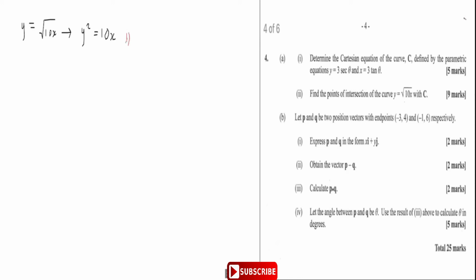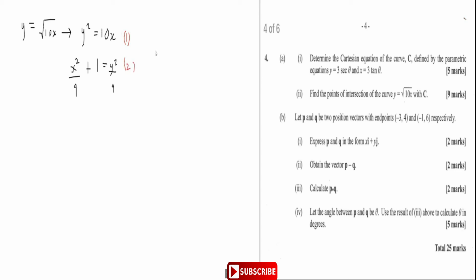The other equation that we have is that x squared over 9 plus 1 is equal to y squared over 9. So what we're going to do is sub equation 1 into equation 2. Where we have y squared here, we're going to write it as 10x.